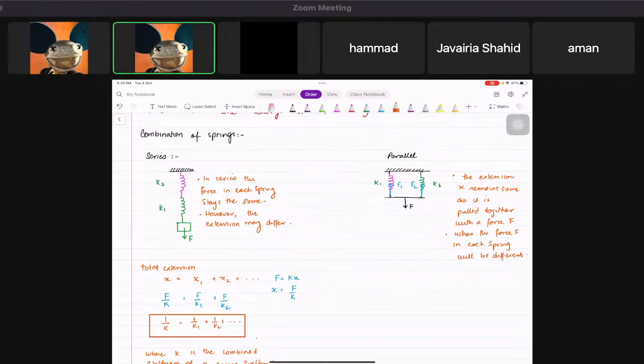That's what you guys need to remember, okay? Now that would mean that the total force would be something like F equals F1 plus F2 plus no matter how many springs are in parallel.